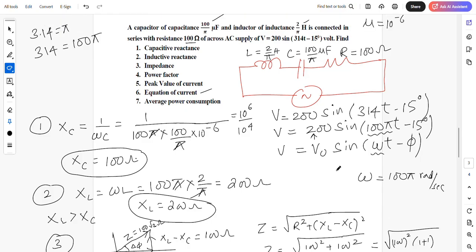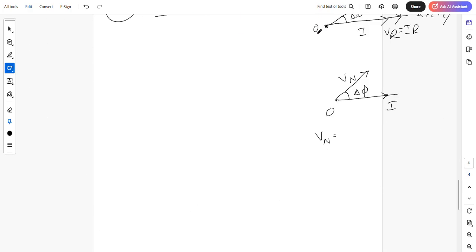They have given 200 sine of 314t minus 15 degree. Okay, that I will write here. Equal to 200 sine of 314t minus 15 degree.